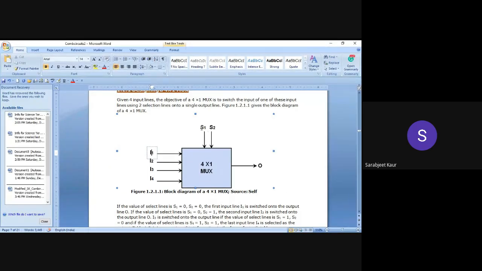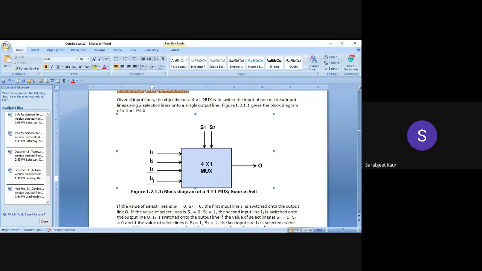When the selection lines have the value 0, 1, then I2 will be selected and passed on to the output. 1, 0, I3; 1, 1, I4. Is this clear? So you can see that I cannot capture this functionality via a truth table.